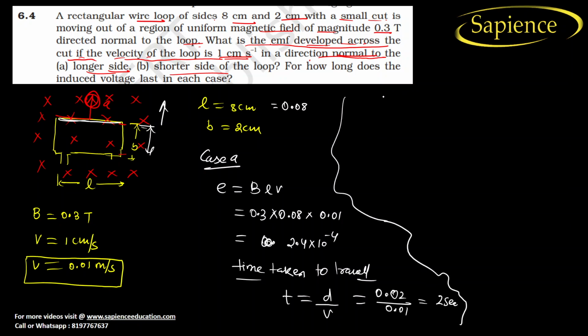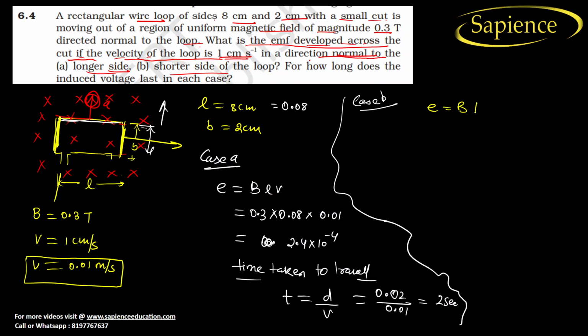Now there is another case, that is case B. Again we need to find the EMF. EMF is equal to B, but the length. When we are traveling in this direction, this length is responsible for the creation of the EMF.